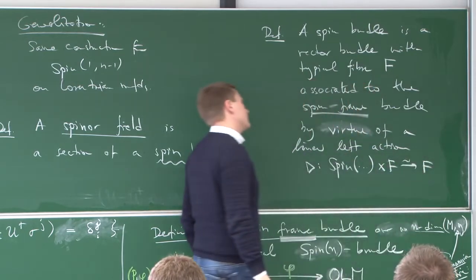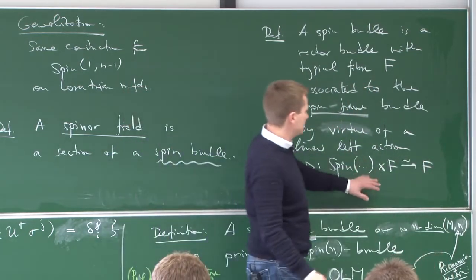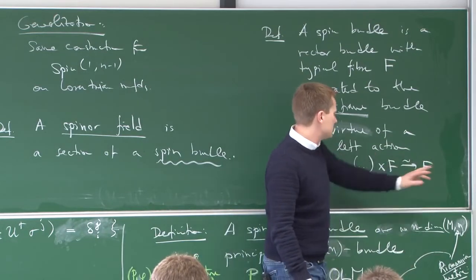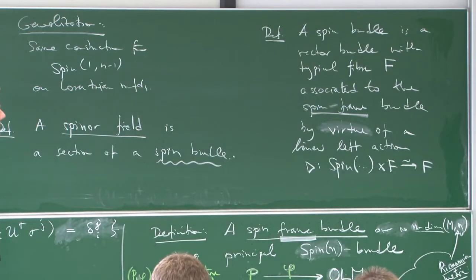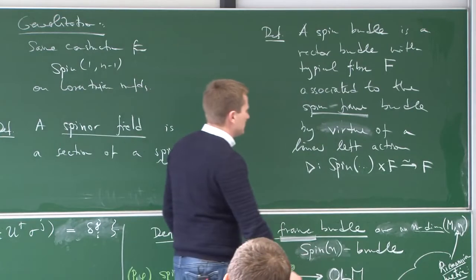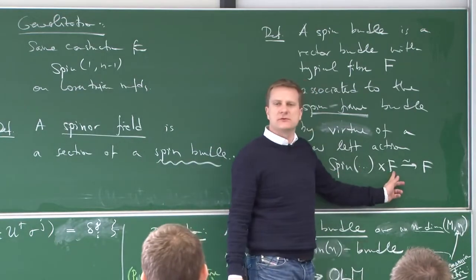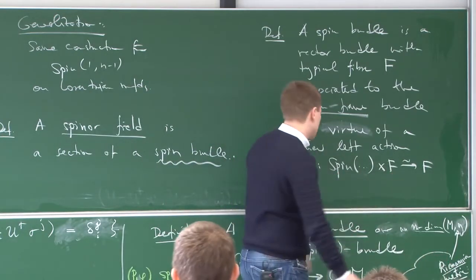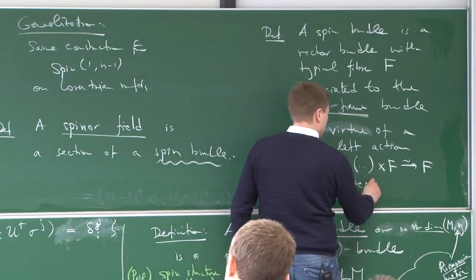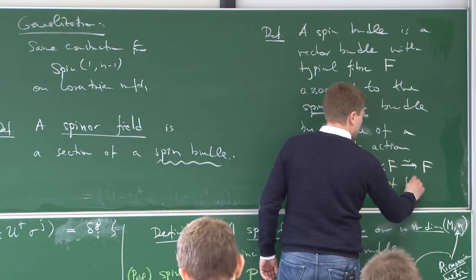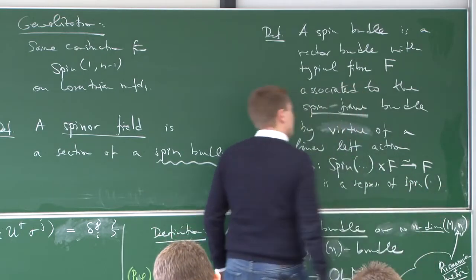It's supposed to be a linear action. So if you fix an element from spin, then it's a linear map. By virtue of a linear left action, that is a representation of spin. So you want this to be a representation space, right? That is a representation of spin. Okay.